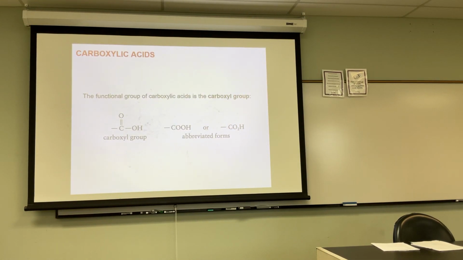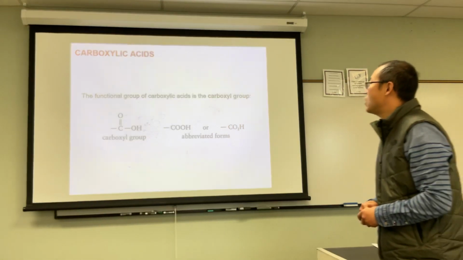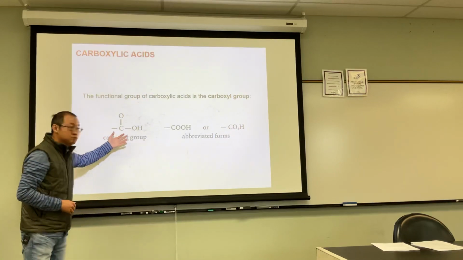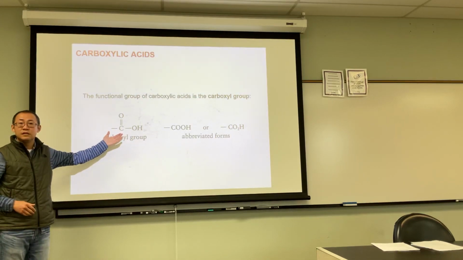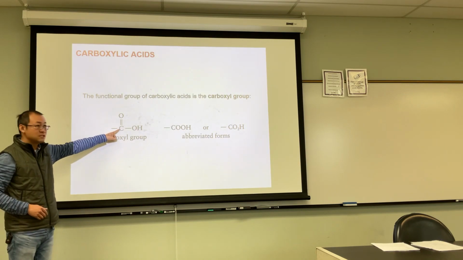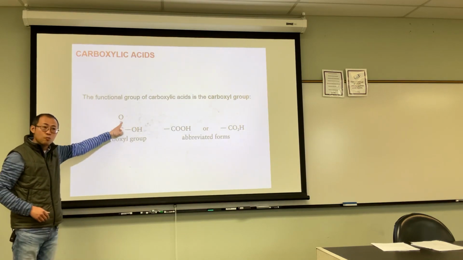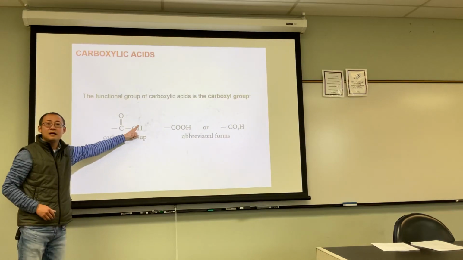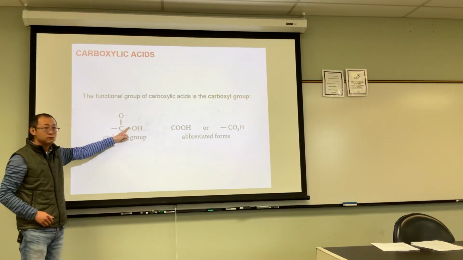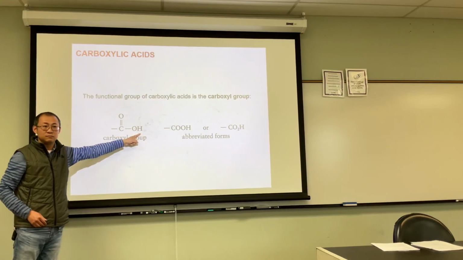First, the functional group of carboxylic acid is something we have seen already in chapter 4. The functional group of carboxylic acid is a carbonyl group with a hydroxyl group on the same carbon. So you can call it COOH.